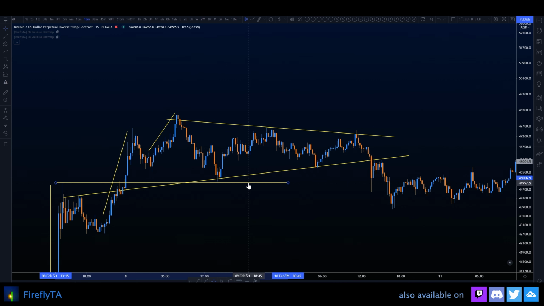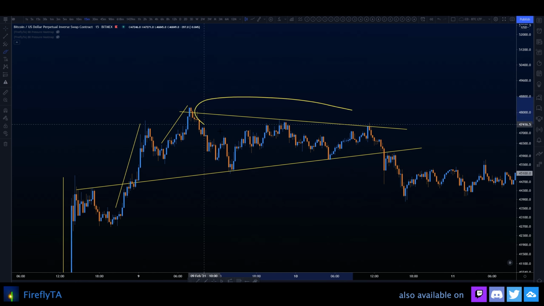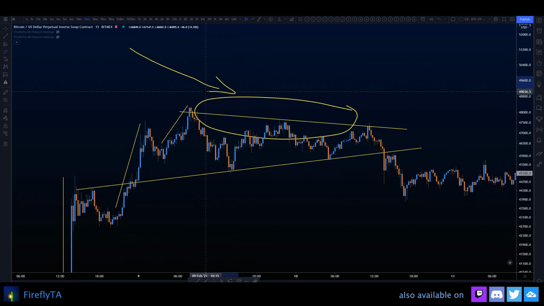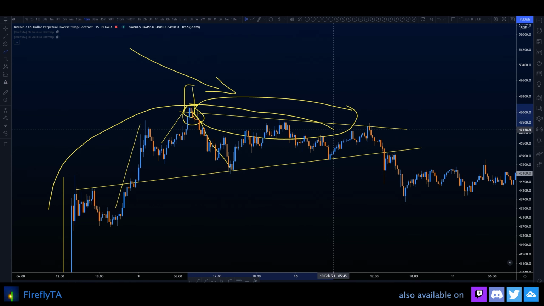We have now confirmed that this is taking place. You can see this pressure moving down from above. By looking at this development and this rejection, the breakout of the rising wedge, you can see that things have turned here. And now we can expect this to go down like that.